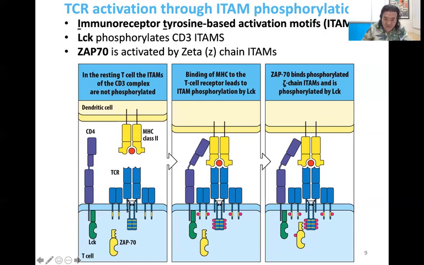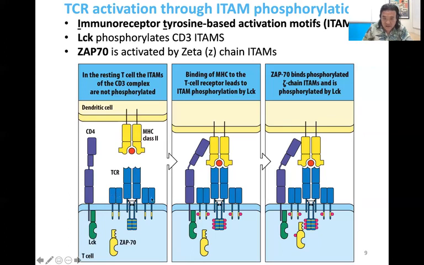themselves have pretty wimpy cytoplasmic domains, right? You can see they don't extend far into the cell at all. So that's not a lot of three-dimensional surface to really effectively interact with other proteins to kick off intracellular signals. So that's why we have these other helper proteins in the TCR complex.